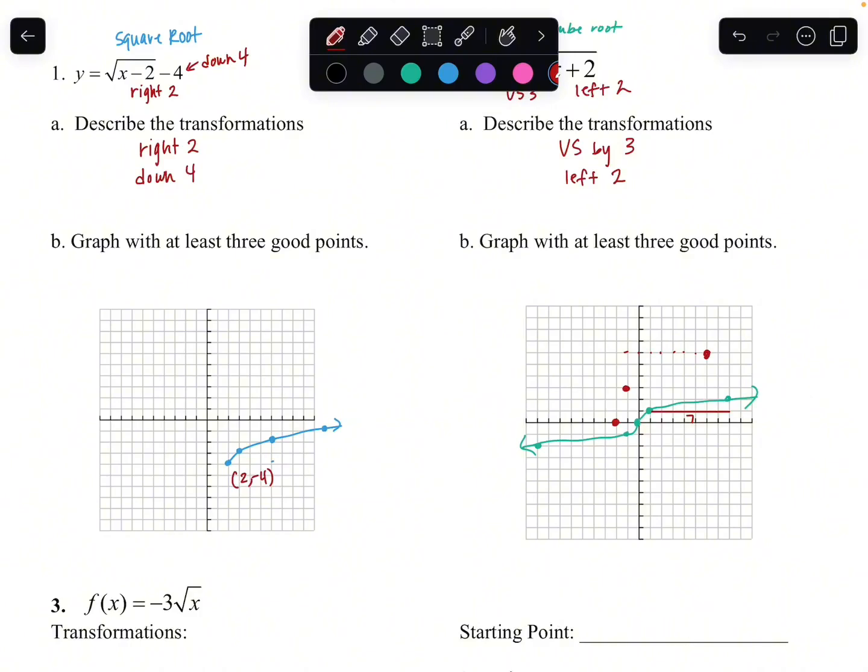And then we can do the same thing going down: down 3 over 1, down 3 over 7. And so up to the right from the inflection point, kind of like square root, and then down to the left.